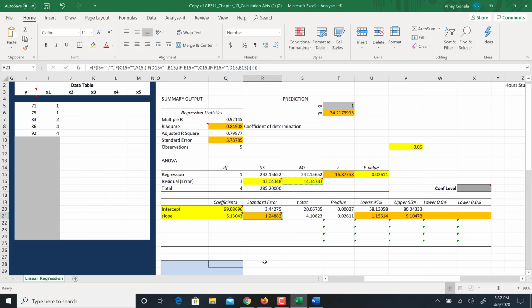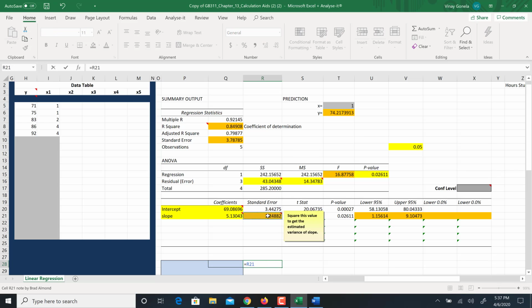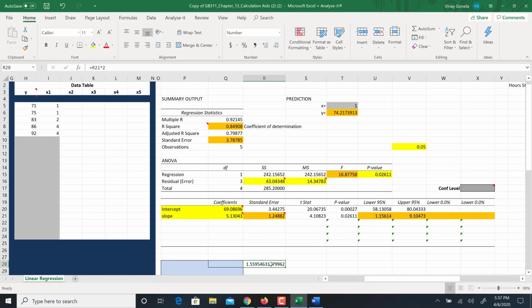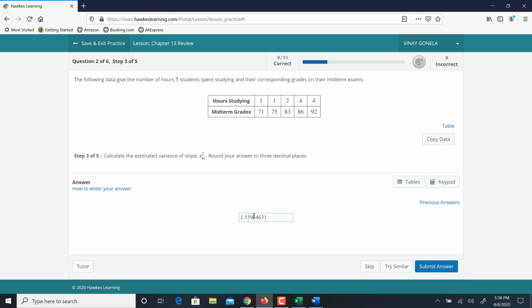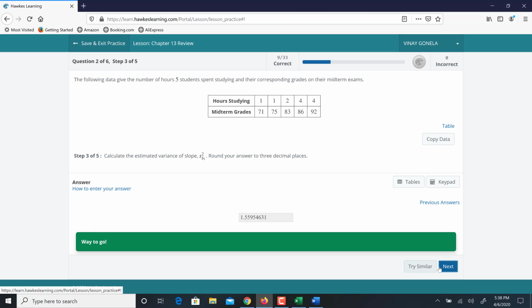So I will do it here, so this power 2 will give you the estimated value of the variance of the slope. So I'm squaring this term. Here it says, square this value to get the estimated variance. So I will copy this, paste it here and submit it.